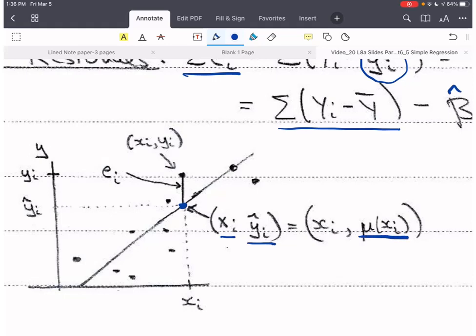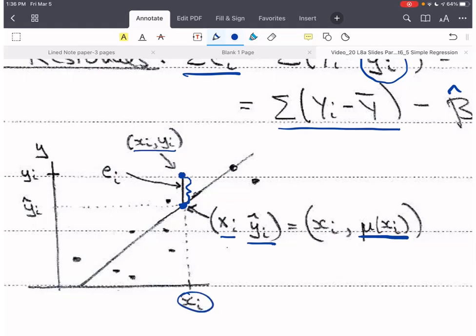That's mu, the mean of y at x sub i. And so here is the actual observed point. In this case, it's xi, yi. And in this case, we're saying that it's above the line. And so epsilon i would simply be the distance between the observed value of y and the predicted value of y at x sub i.